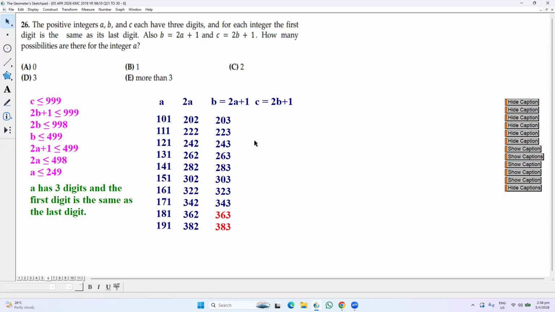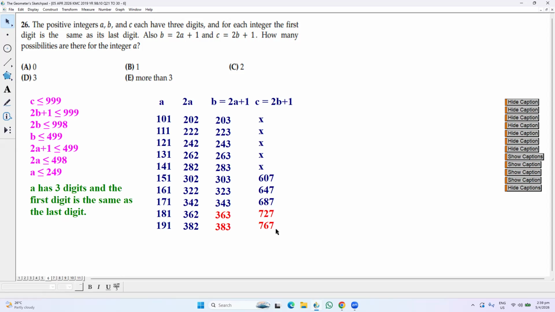If we times 2 now, we want C, which is B times 2. All these are out already because they don't have first and last digit the same. If times 2, add 1: 607, 647, 687. This one, times 2 because of carry forward, 36 times 2 becomes 72. Then 3 times 2 is 6, add 1, that is 2B plus 1.